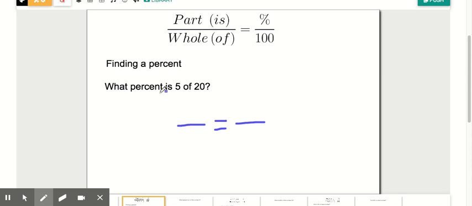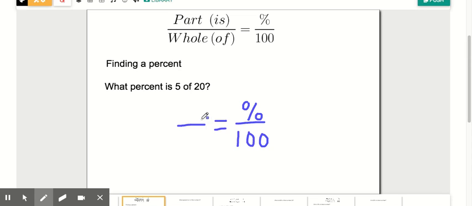I see here, what percent. I don't know my percent, so I'm just going to use the percent symbol to identify that. And the out of 100 is always going to be there, no matter what.